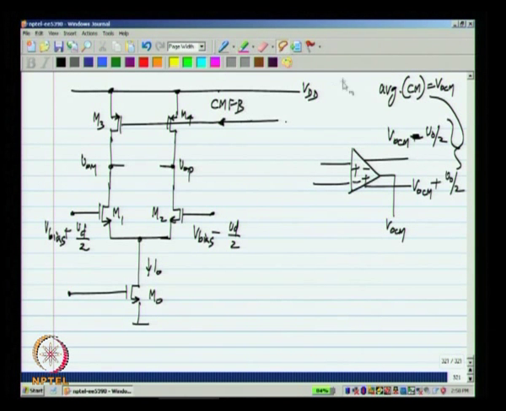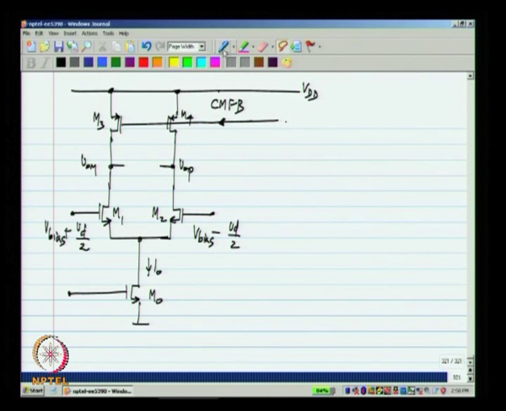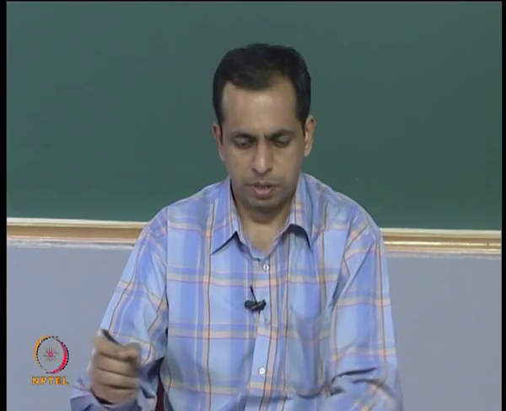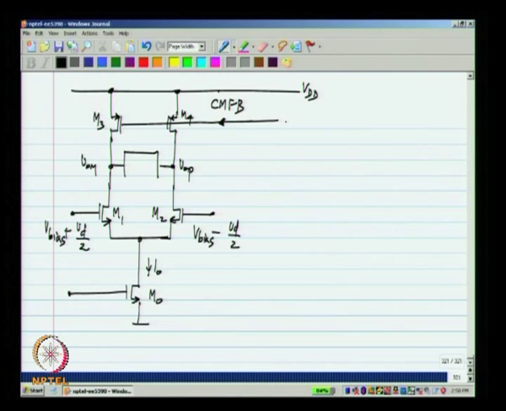So, what should I do? In negative feedback, as usual, I have to compare the actual value with the desired value and adjust the actual value until it becomes equal to the desired value. Now, here what is the actual value? That is the output common mode voltage of the op amp. Okay.